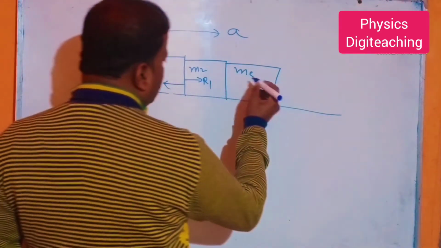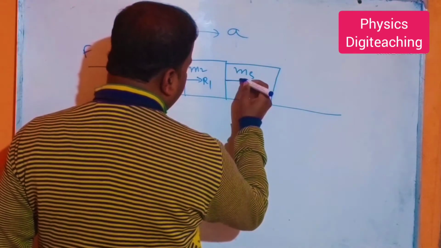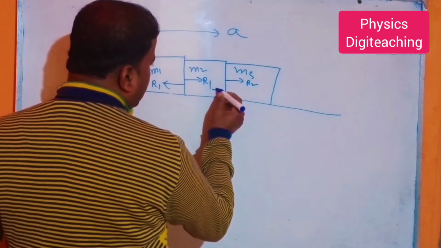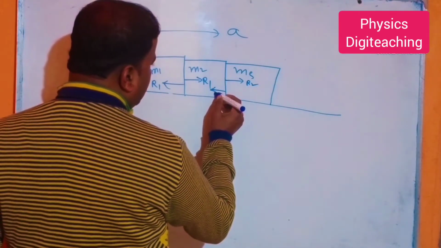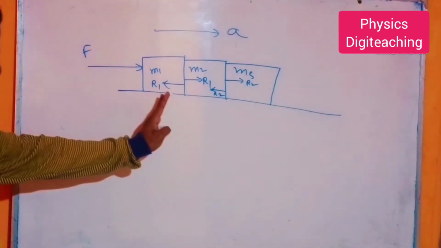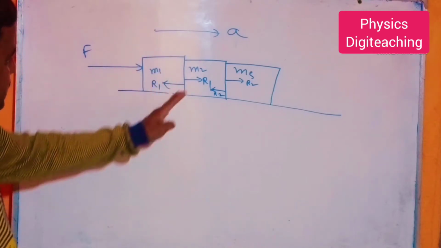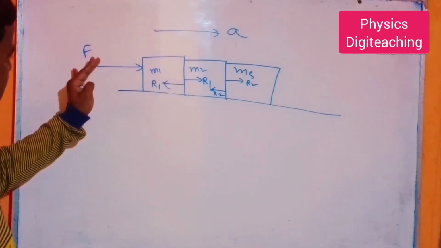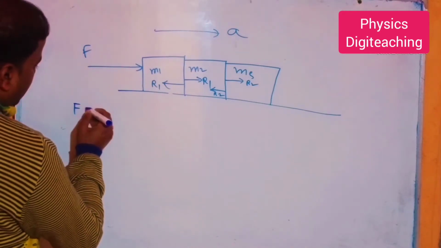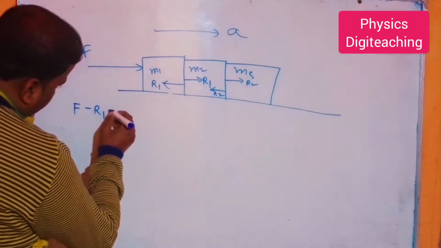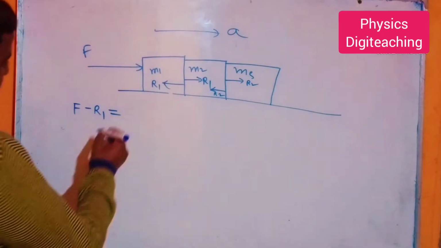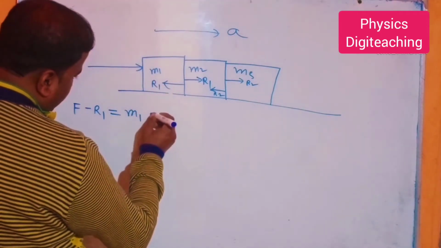M2 also applies a force on M3, this is R2, and M3 applies an equal and opposite force R2. Here we see the forces on the body M1, F and R1, and F minus R1 is the net force on the body M1, and this is M1 into A.